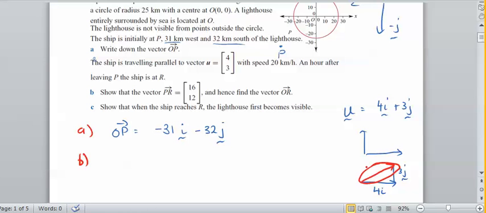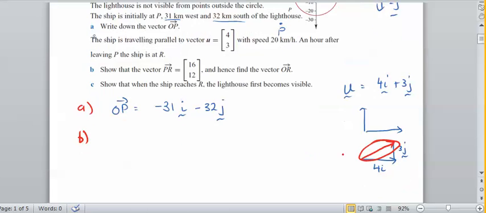Now, if it's traveling in that direction, what would be a unit vector of 1 kilometer in that direction? How do we find 1 kilometer in that direction? What's u hat going to give us? u hat is going to give us 1 kilometer in the direction of this.